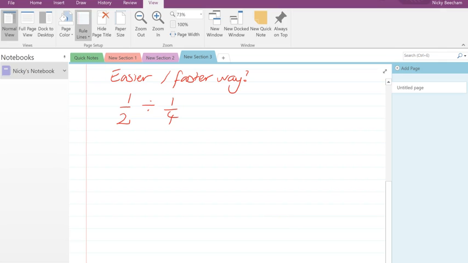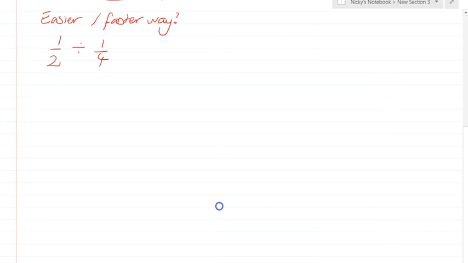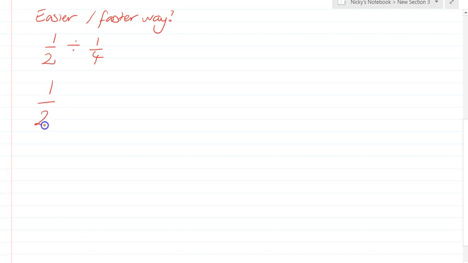A faster, easier way than working that out in your head and thinking of an analogy is to do it this way, and this is the way that you'll be doing it in your textbook. Instead of saying divided by a quarter, the process is what we call casually flip and multiply.